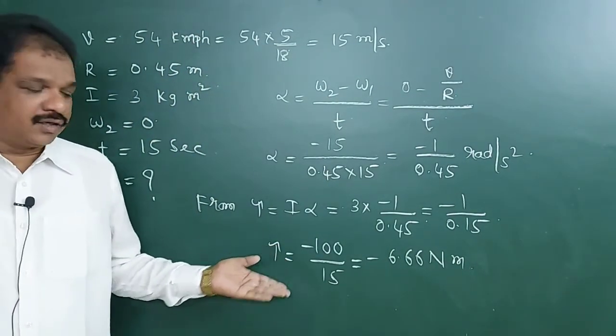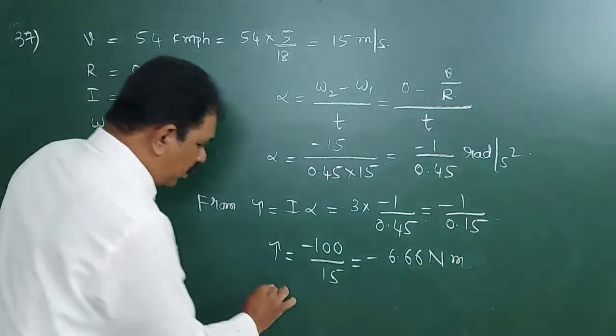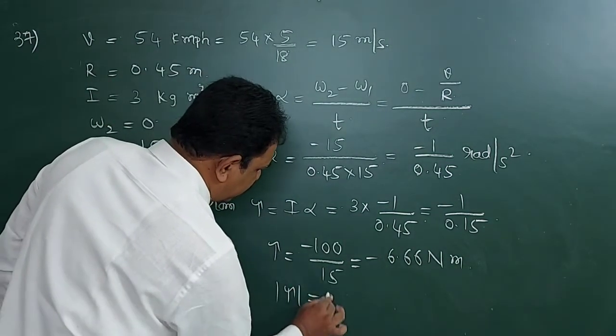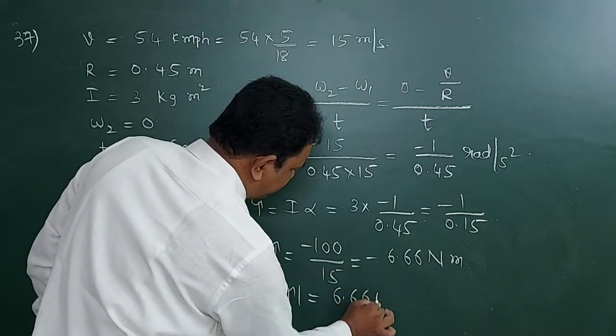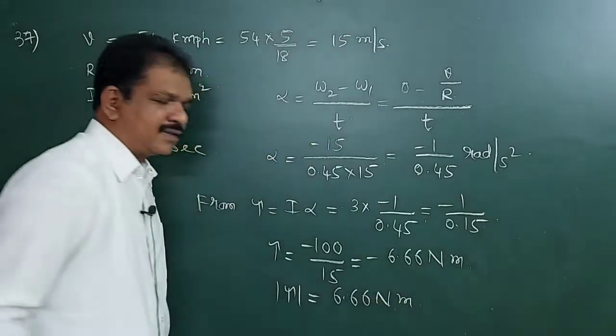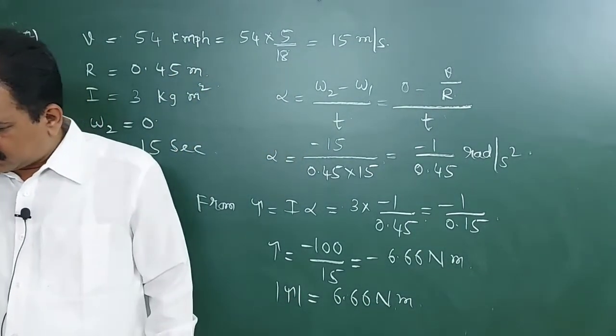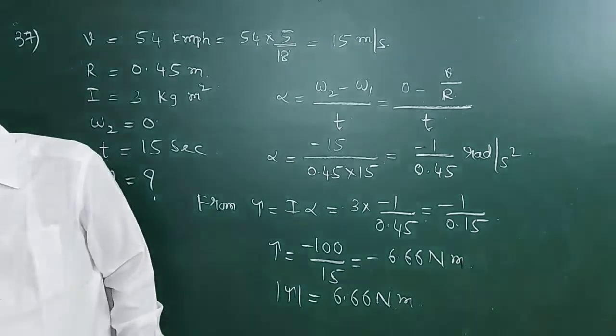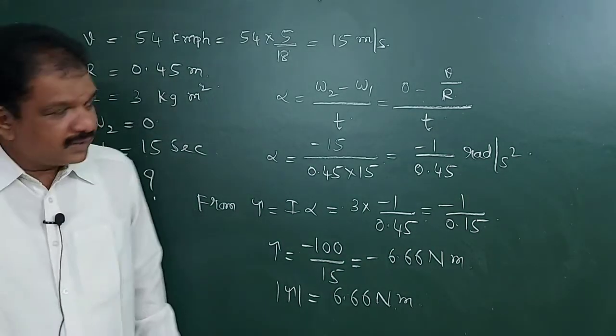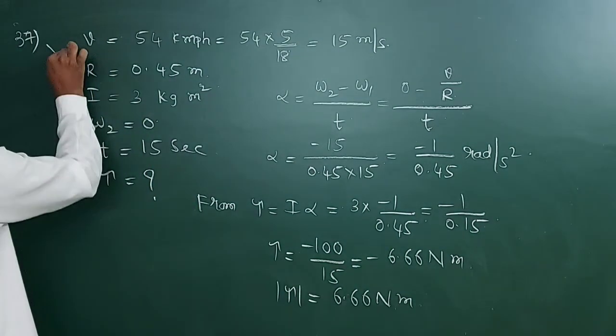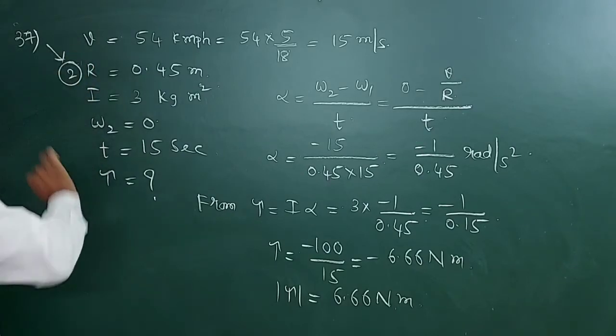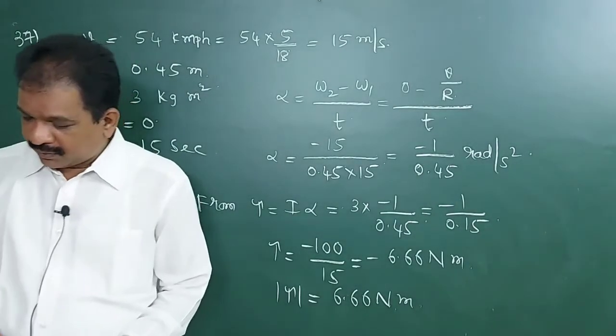Magnitude of the torque, if you take modulus of tau, that will be 6.66 Newton meter. So the option for that will be second. 37, it will be second option.